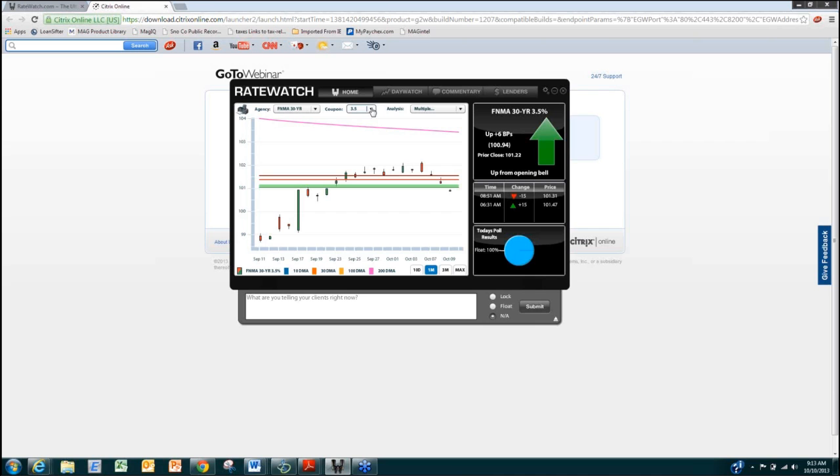So if rates are in the high 3s, low 4s, the 3.5 should be trading more in line with what's actually happening on your rate sheet on a daily basis. Once you get above 4 3/8 all the way up to about 4 7/8, then the 4% coupon is the one you're going to want to watch more closely. The movements you see in that coupon price are going to be more reflective directly into your rate sheet.